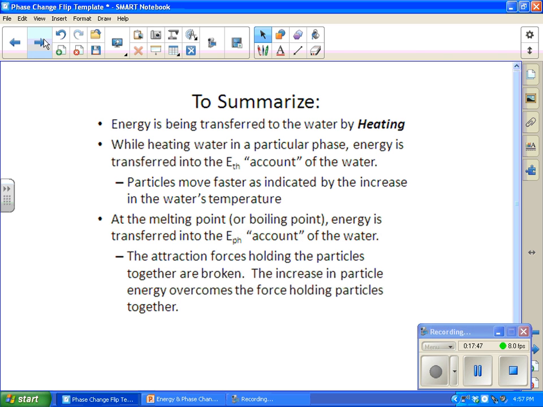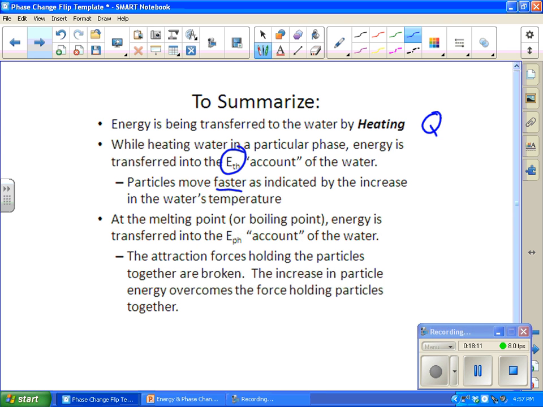And again, we represent heating by the letter Q. While heating the water in a particular phase, so if we're in the solid phase, for example, energy is transferred into the thermal energy account, if you will, of the water. The particles are moving faster, as indicated by an increase in the water's temperature.